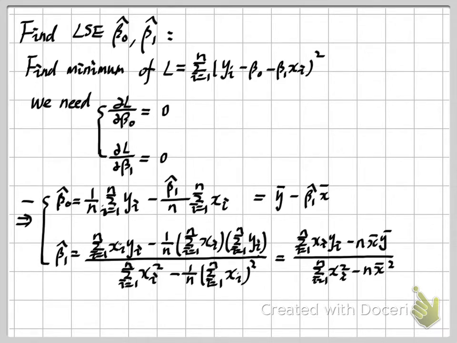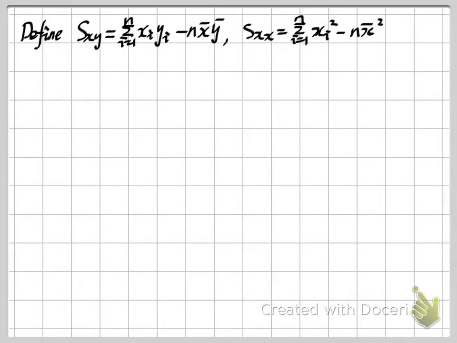But again, in the equation of our beta 1 hat, there are still some parts that look complicated. So we denote the complicated terms: we use s sub xy to denote the part in the numerator of our beta 1 hat, and then we use the term s sub xx to denote the denominator of our beta 1 hat.